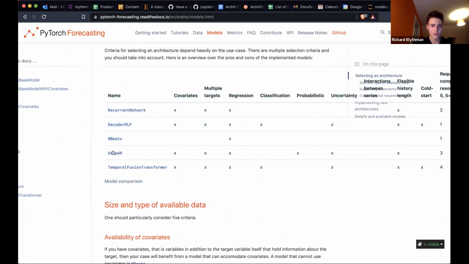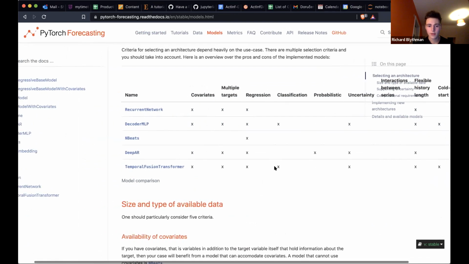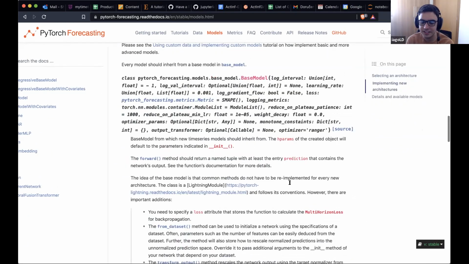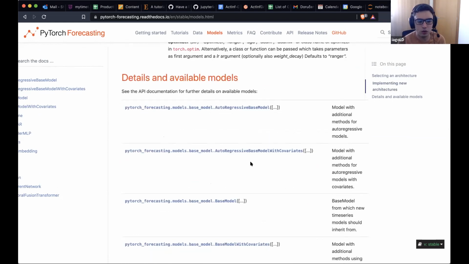I'm not sure what DeepAR is. I think the fusion transformer is pretty much focused on forecasting time series. I just wanted to know if you had any particular reason for that.